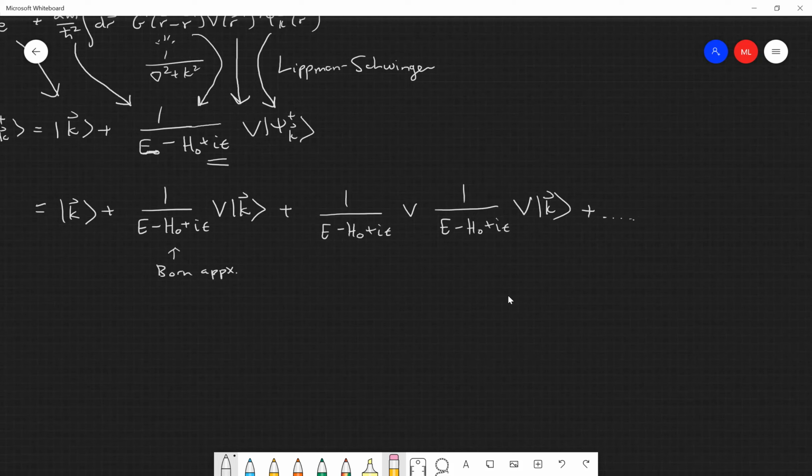It's the following. You can denote this guy as a propagator, and a factor of the potential will come in as this kind of squiggly line. So this is V, and this is 1 over. So you can get something that's actually akin to perturbation theory.